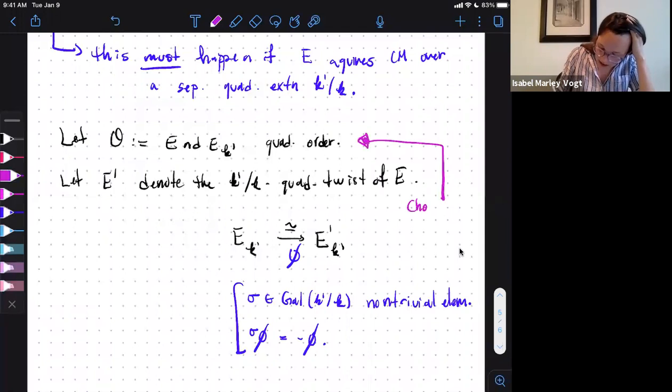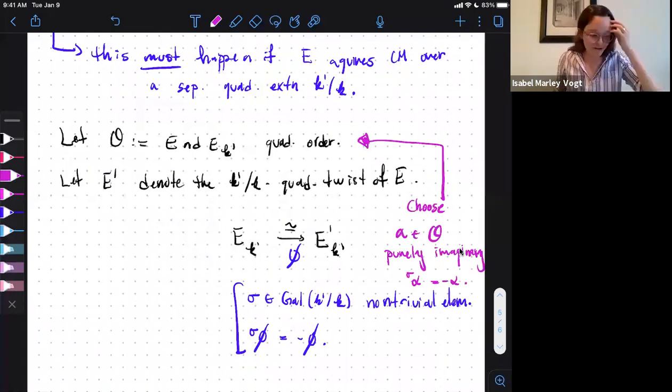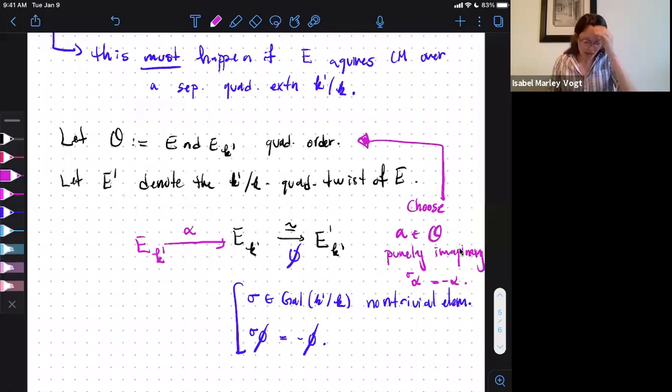And so I can choose an element alpha in this order O that's purely imaginary, which means that if I act by sigma on alpha, I get minus alpha. And alpha now defines for me an isogeny of E over K prime to E over K prime.